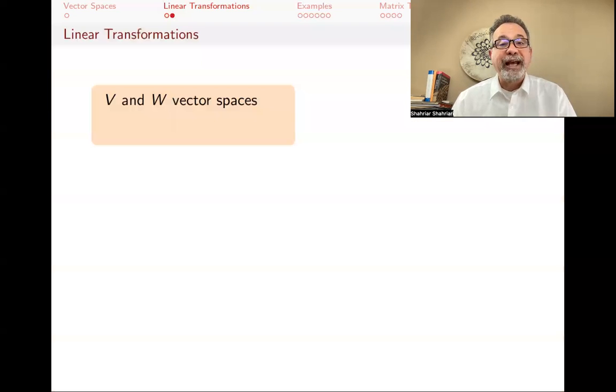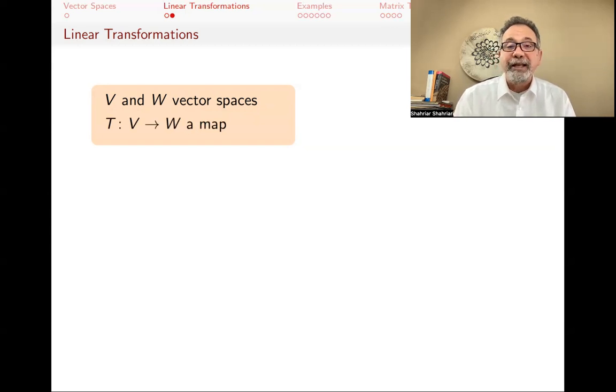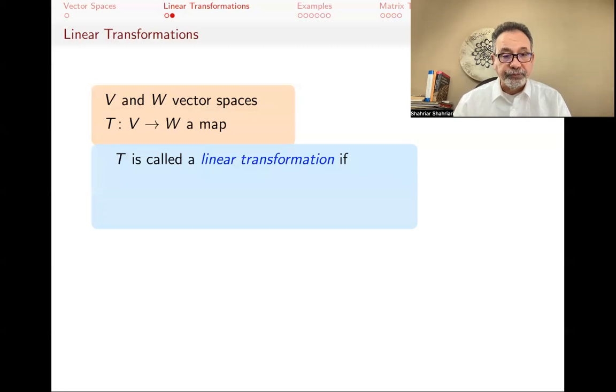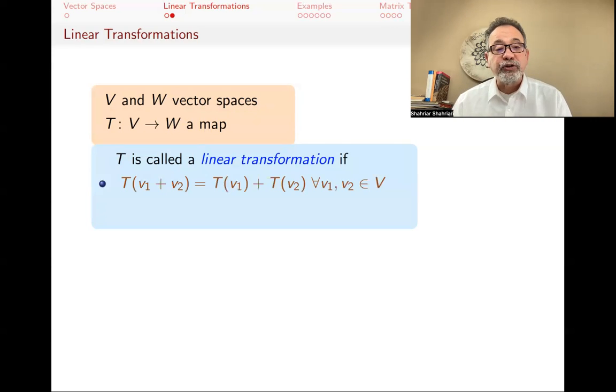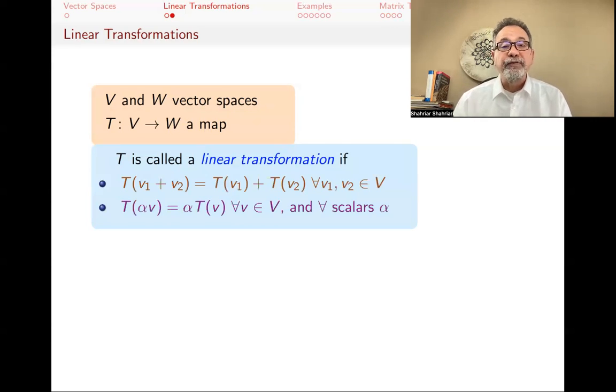Okay, so now let me make that precise. I want to tell you what a linear transformation is. This is a central core topic in linear algebra, so you want to understand it well. The ingredients are two vector spaces, V and W, and a function from V to W. V is the domain and W is the codomain, and T takes elements of V and throws them at W. It eats elements of V and produces elements of W. This function doesn't have to be a linear transformation, but it is a linear transformation if it has these two properties: T of V1 plus V2 is T of V1 plus T of V2, and T of alpha V is alpha T of V for all those concerned.